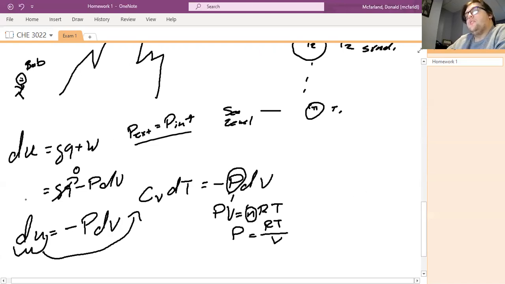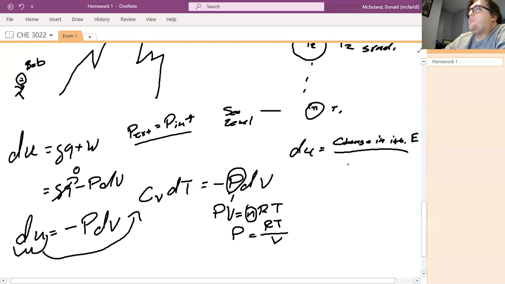This is because, to save ourselves a lot of strain, we're going to treat dU as the change in internal energy per mole. So for every 1 mole, this is how much the internal energy will change.